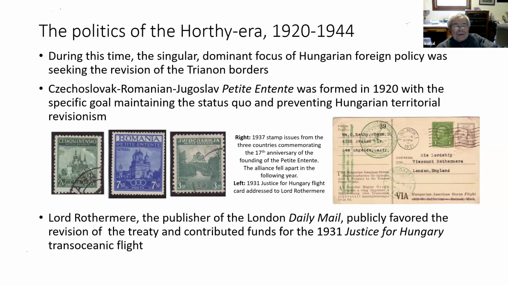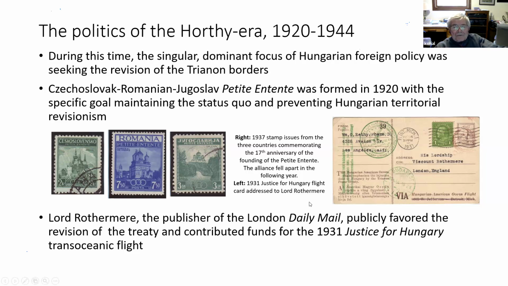As a result of these efforts, the Czechoslovak, Romanian, and Yugoslav governments formed the Little Entente in 1920 to thwart any kind of Hungarian territorial revisionism. Hungary did find a champion in Lord Rothermere, who publicly and politically in the British Parliament advocated for the revision of the Trianon Treaty.